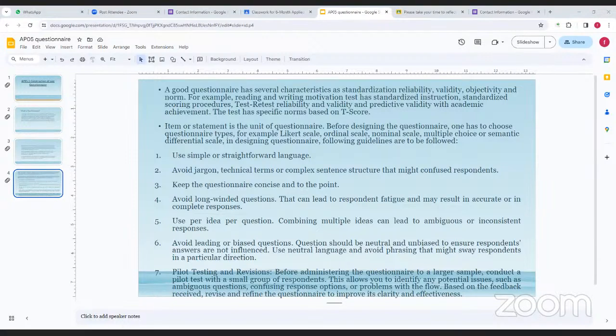Sir, in SPSS, how can we do the validity things? If you want to correlate, the correlation is possible through SPSS. Even you can do the regression analysis for the validation.